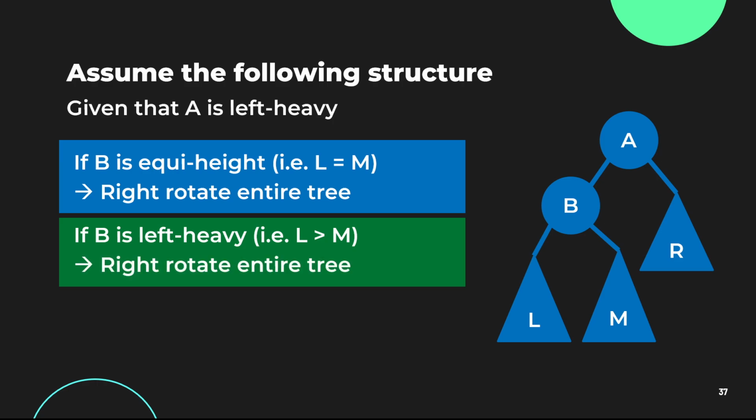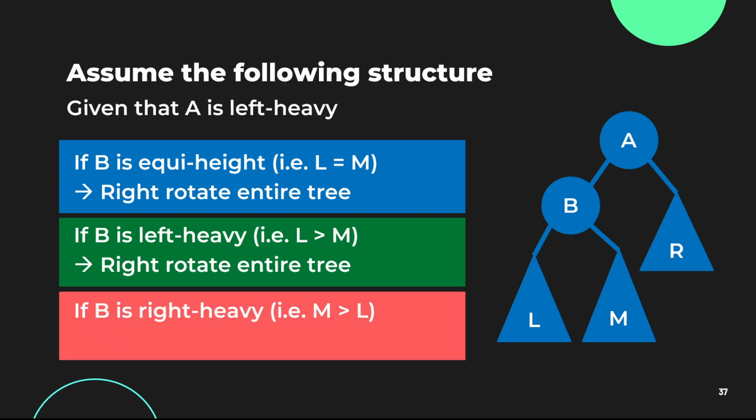As the lecture mentioned, if it's left heavy, I can just do the same thing. But what if B is right heavy? Then we use the second algorithm we just saw. We have to left rotate B to make it left heavy first, so we convert this into the second condition. Then we right rotate everything. So these are the 3 cases that you should pay attention to during the exams. Any questions?